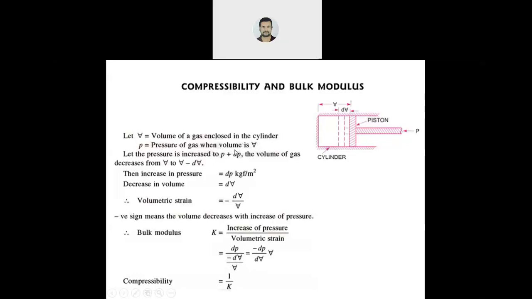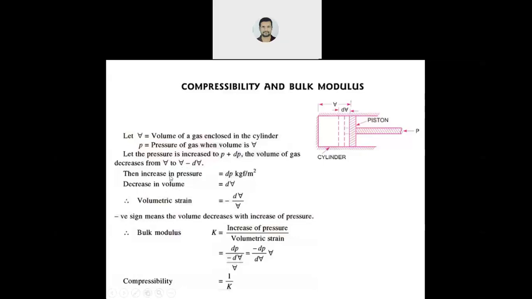P is the pressure acting on the gas at volume V. Now the pressure is increasing to P plus del P and the volume is decreasing to V minus del V. So the total increase in pressure is del P, and the total decrease in volume is del V.